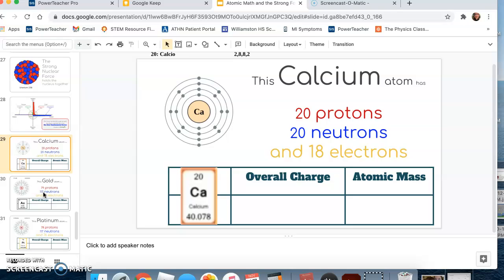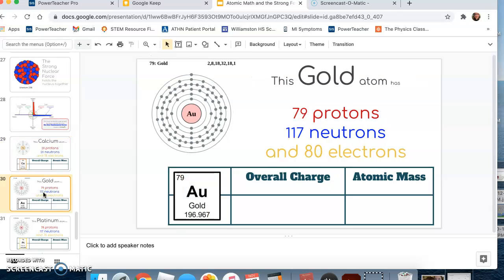So that's that. Let's try gold. This gold atom has 79 protons, 117 neutrons, and 80 electrons. Let's do atomic mass first. So that's going to be 79 plus 117. The bigger the atom, the more protons that are in there, there's like an overbalance of neutrons, just generally.